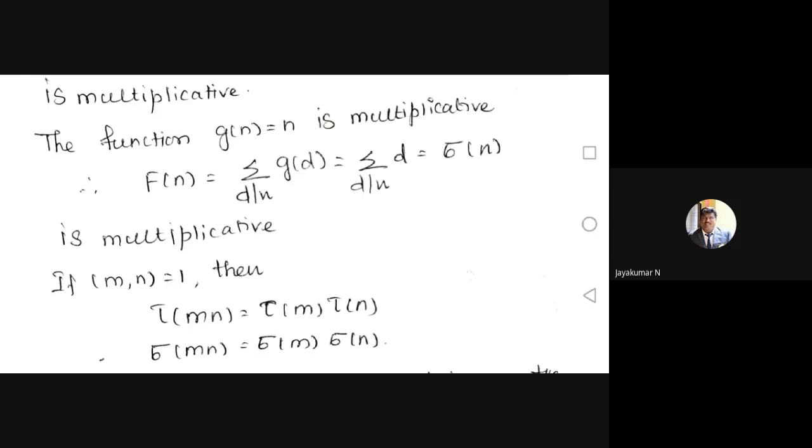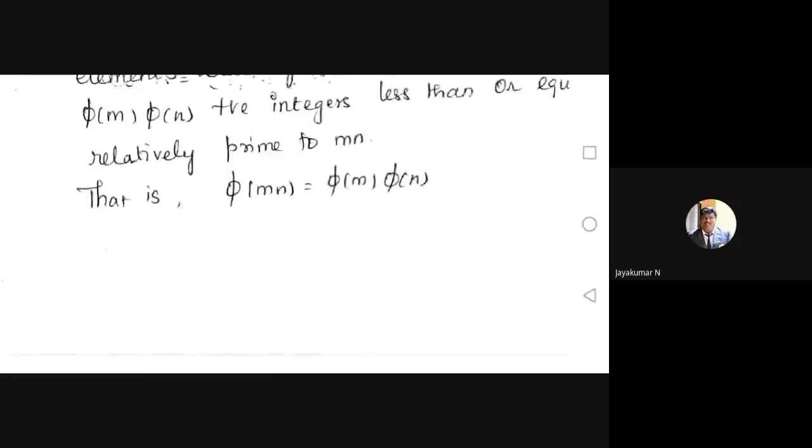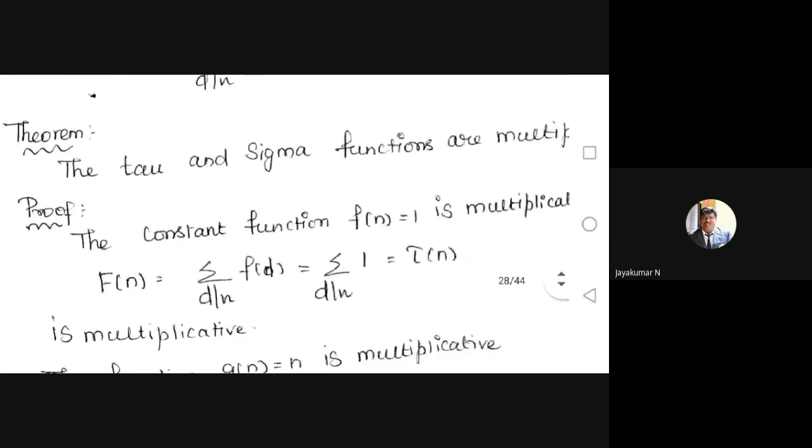In the previous theorem I proved that if m and n are relatively prime, then phi of mn can be expressed as phi of m into phi of n. So here both the tau and sigma functions are multiplicative functions.